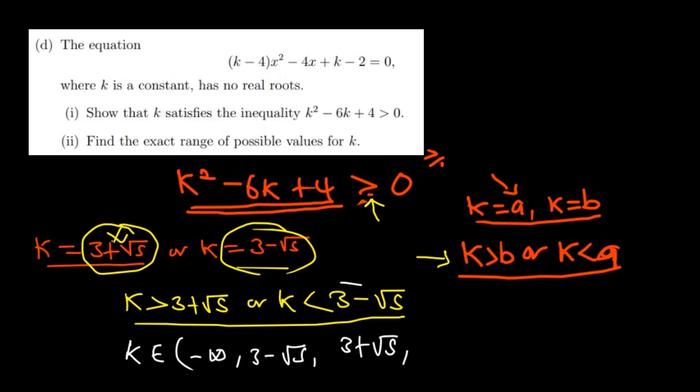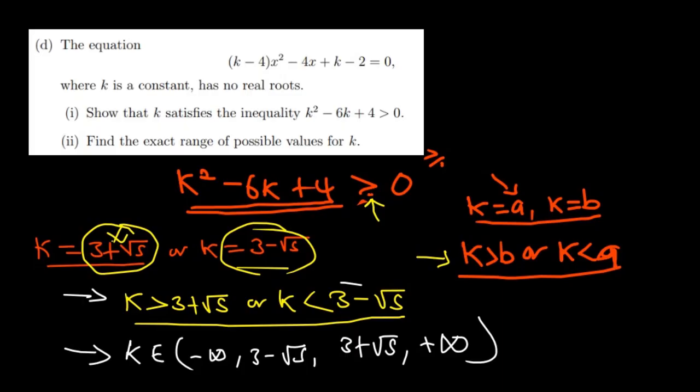To positive infinity, like that. Okay, so you can represent your answers in two ways. You can represent it in this form, or you can represent it in that form. There is no problem.